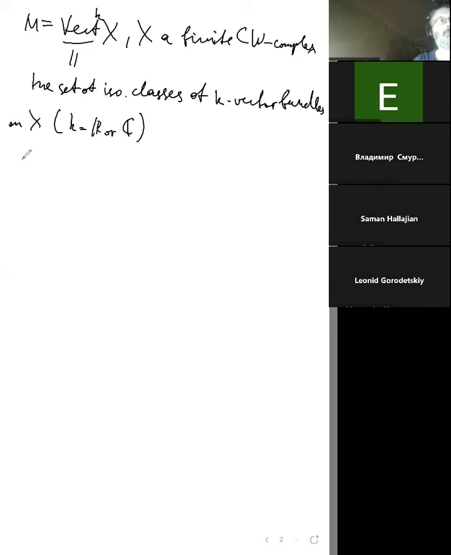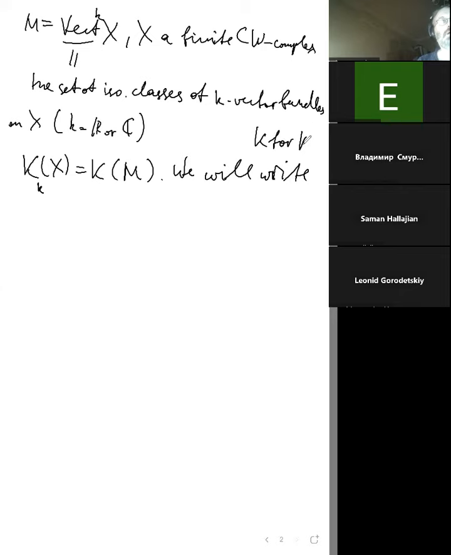Now, we apply this K group procedure and get a group which we denote K_R of X or K_C of X. Most of the time we will be considering the complex K theory.